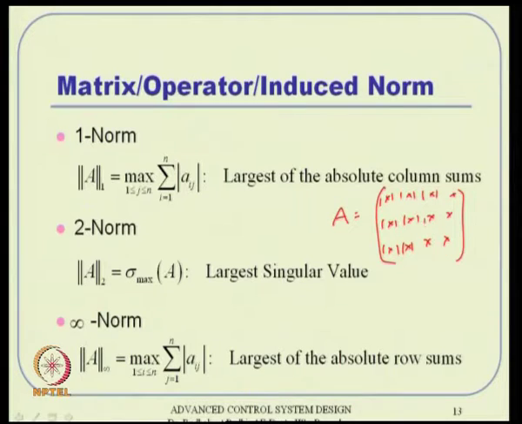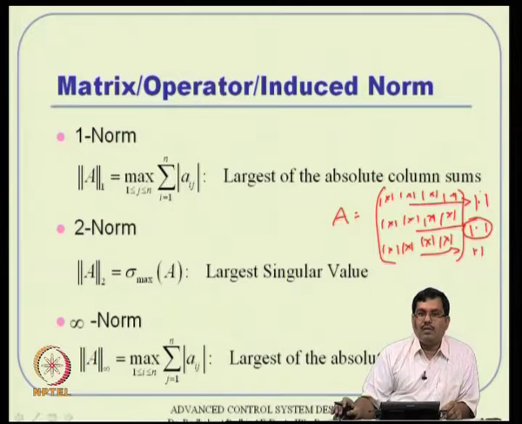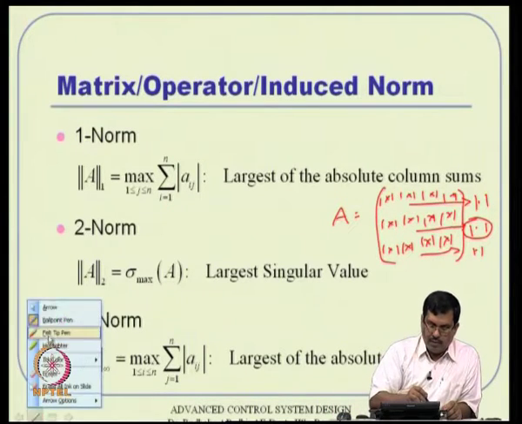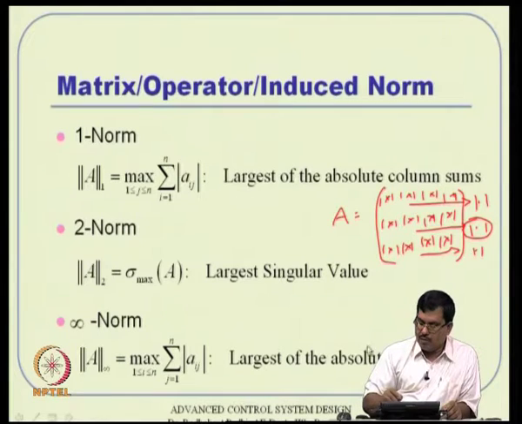Once I take absolute values, I can sum across rows, and I will get a number here, a number here, a number here, and I will consider the biggest one. Let us say this happens to be larger than the first and third. Then that is the infinity norm, because by definition it is the largest absolute row sum.